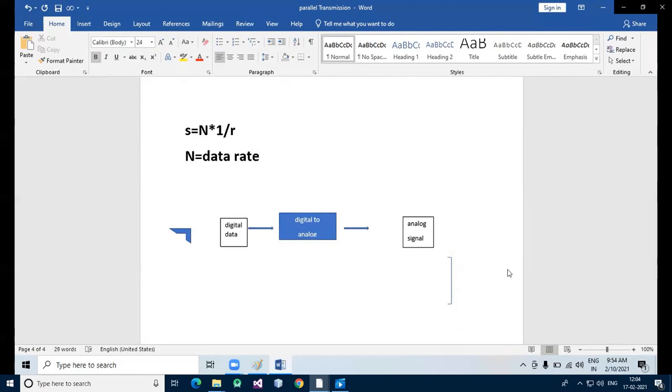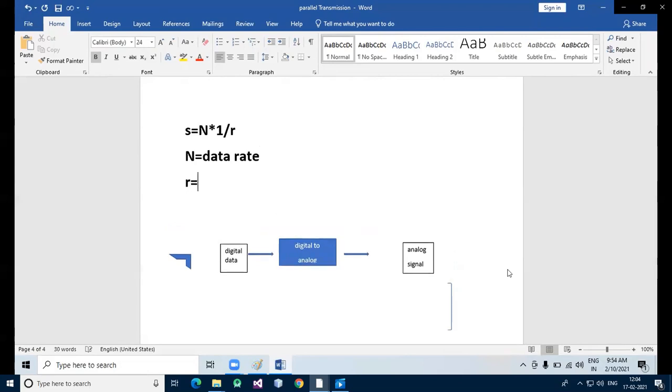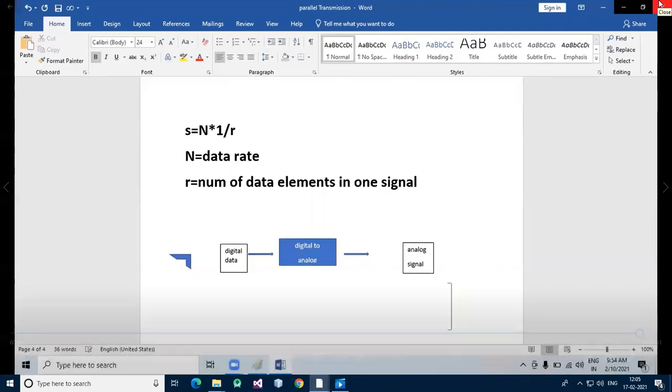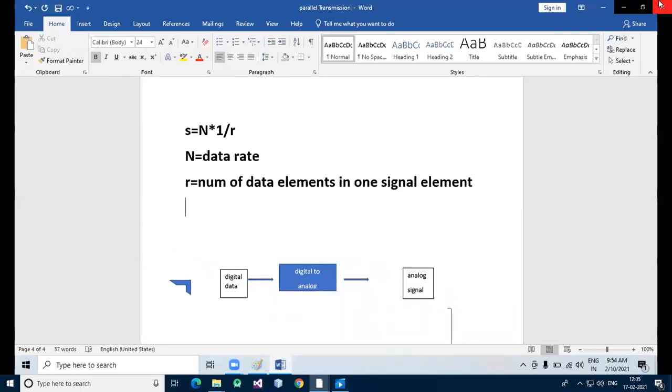And r is nothing but the number of data elements in one signal element.